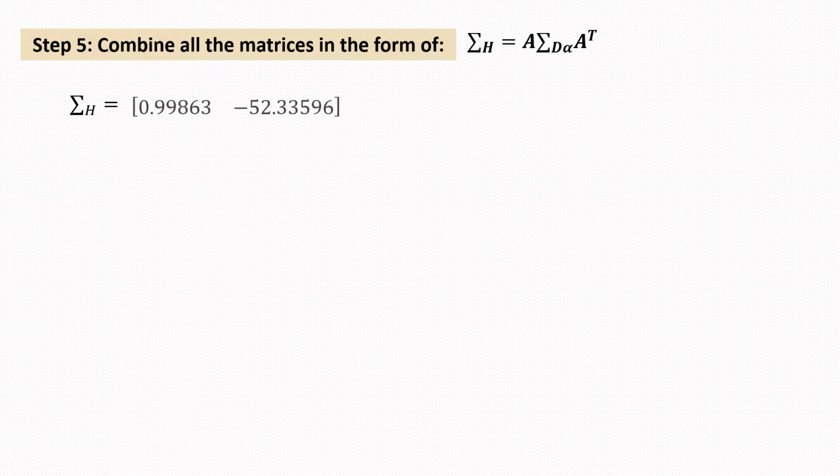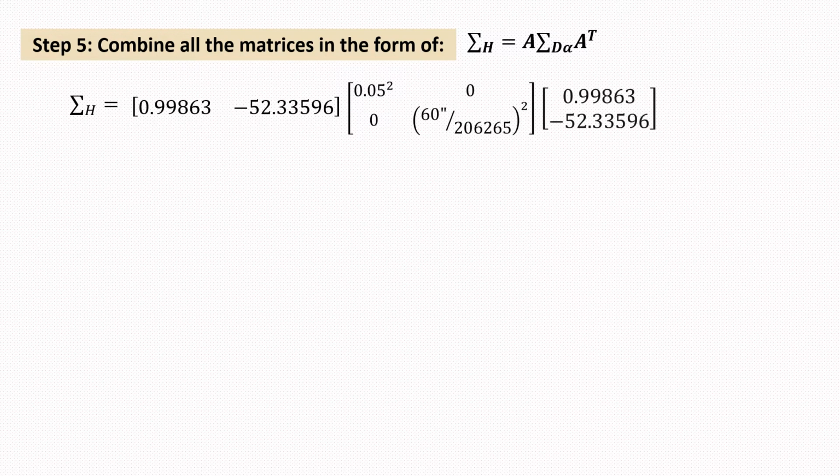Step 5. Combine all the matrices created earlier in the form of variance covariance unknown equal to A matrix times variance covariance observation times A transpose. List all the matrices created earlier in the form of the equation listed on the top of the slide.